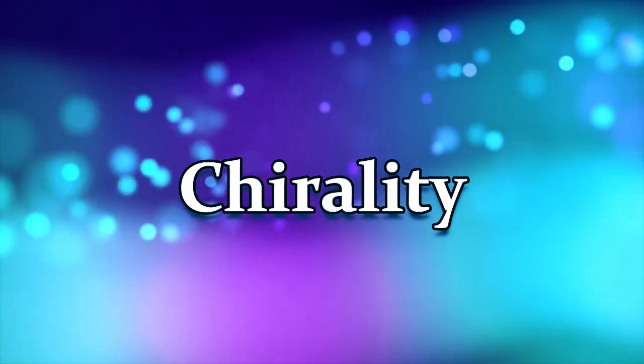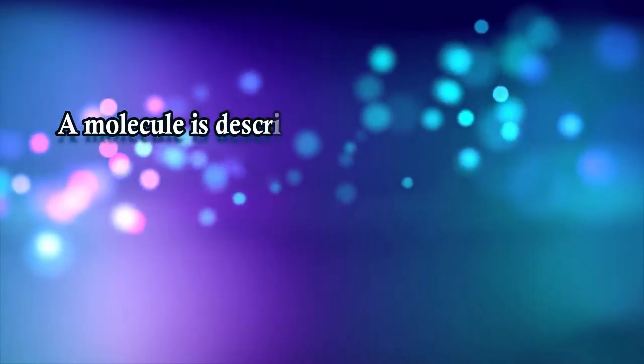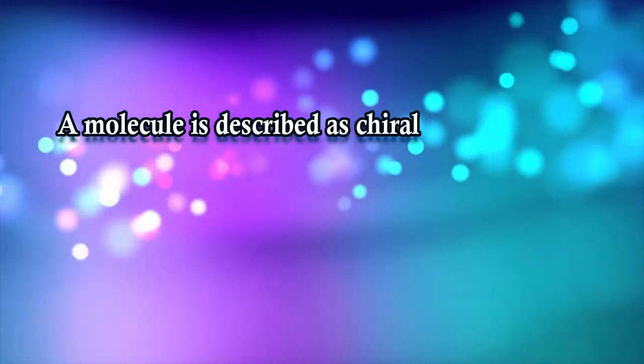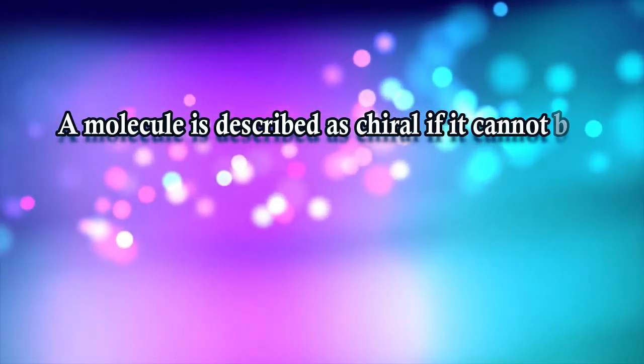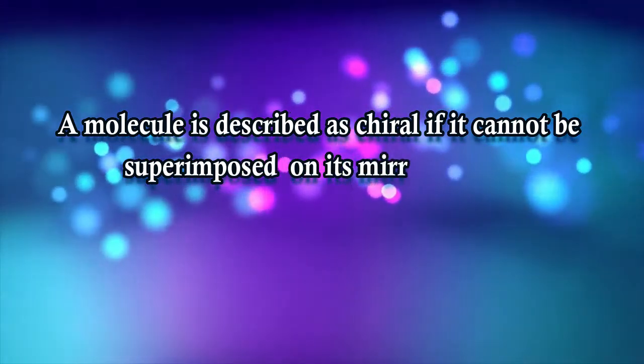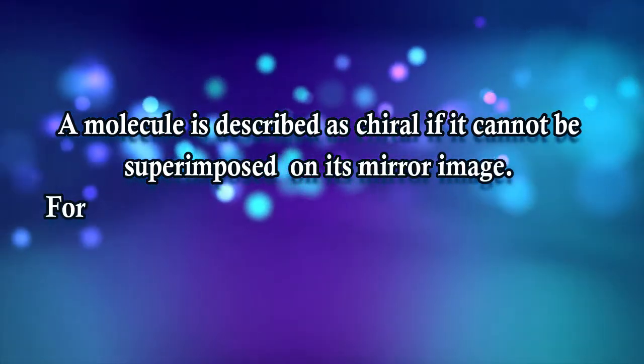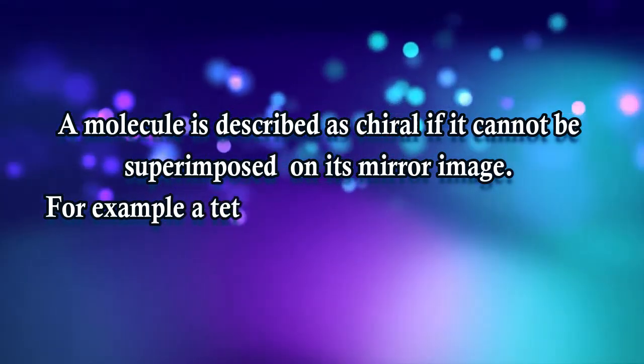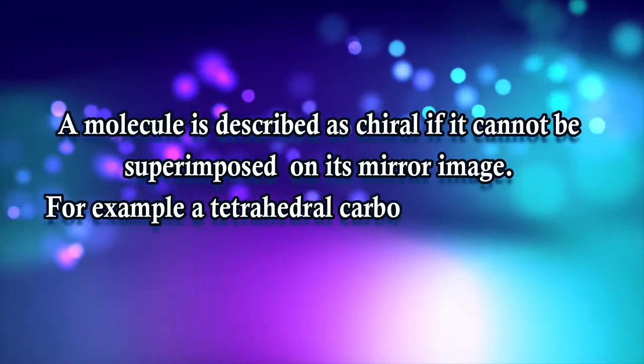I think you remember that a chiral center means a center in which different types of atoms are attached to a carbon. If you want another definition, a molecule is said to be chiral if it cannot be superimposed on its mirror image.